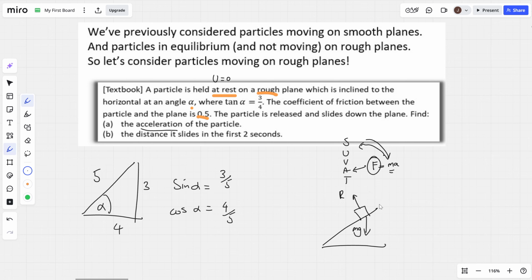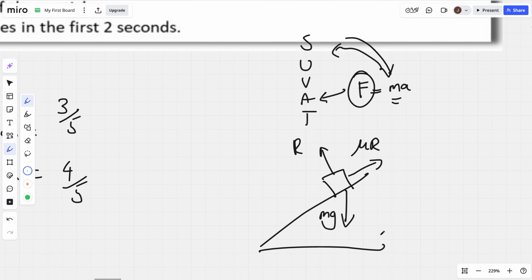We're also told that it's a rough plane, so that's a mu R. And then I've got these for in a moment. So I could break this up, I suppose. That's alpha, and that's alpha. This will be mg sine alpha and mg cos alpha. I'm not entirely sure exactly which direction to take at the moment, but I'm just going through some standard steps that tend to be quite useful.